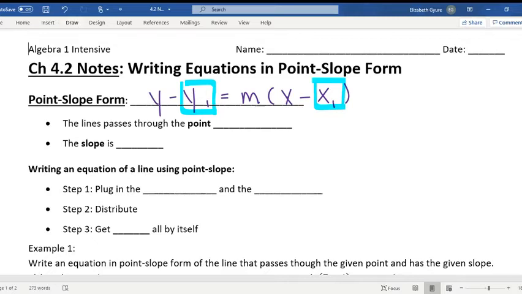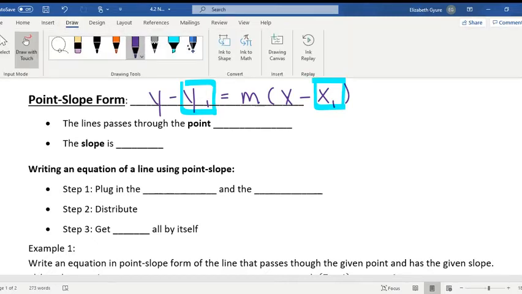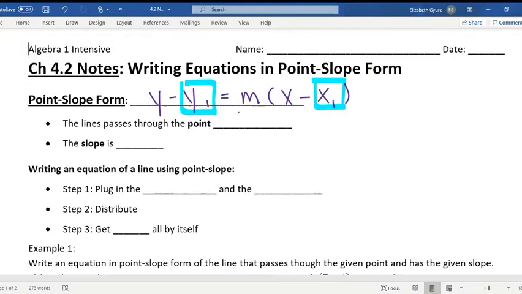So you're basically writing the equation of a line that goes through the point x1, y1. That's your point. The other x and y are just variables.